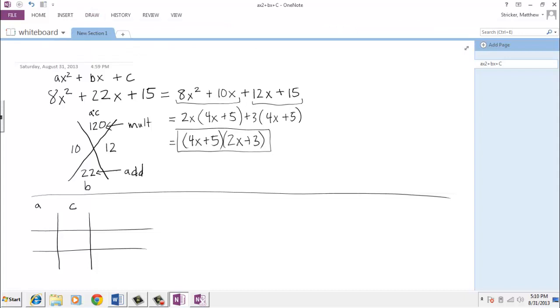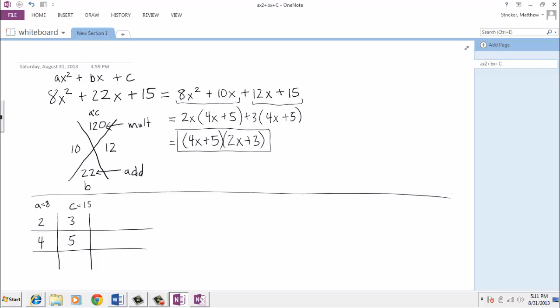Two numbers that multiply to give us a, which is 8, are, say, 2 and 4. And then two numbers that multiply to give us c, and of course c was 15, might be 3 and 5.